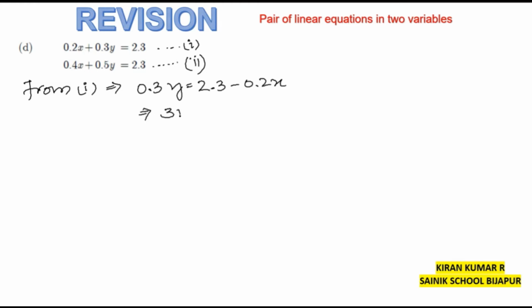So I'll be getting 3y equal to 23 minus 2x. y becomes (23 minus 2x) divided by 3.